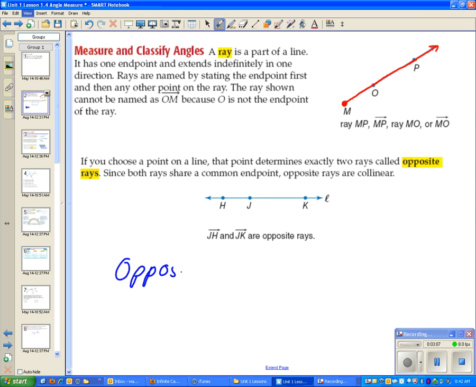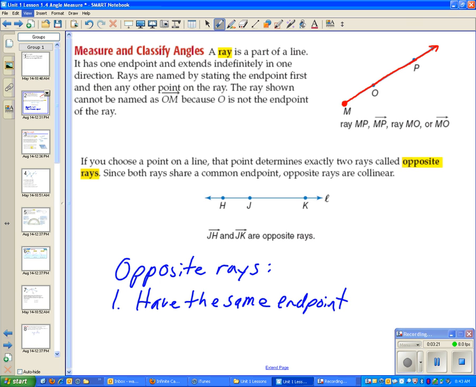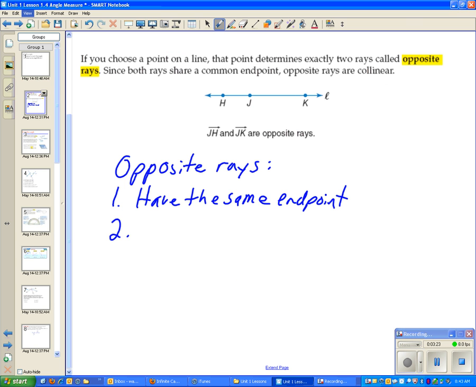Here's the way I like to think of it. Opposite rays, one, have the same endpoint. Two, they are collinear.